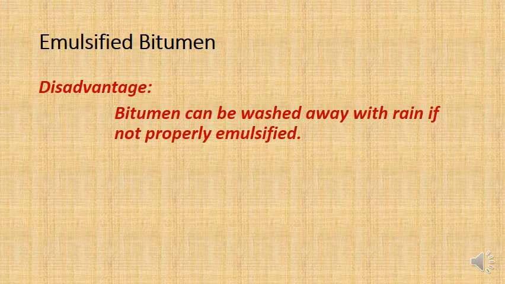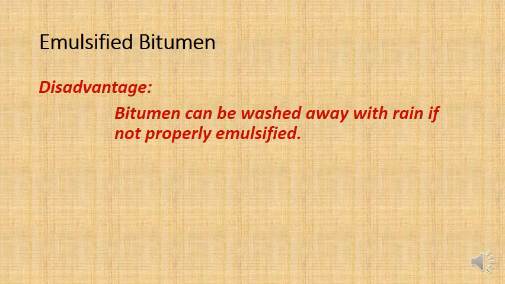Now, the big disadvantage of emulsified bitumen is, especially if you add too much emulsifier to decrease the viscosity too much to make it workable, all of the oil is going to float to the surface. All of the bitumen will go to the surface, and at the bottom you're going to have the soapy water.